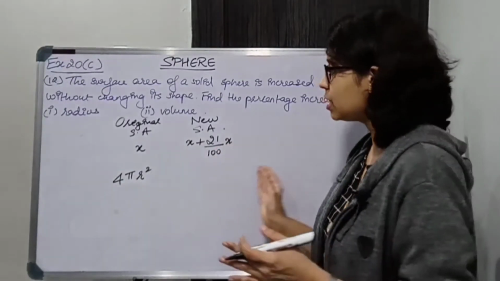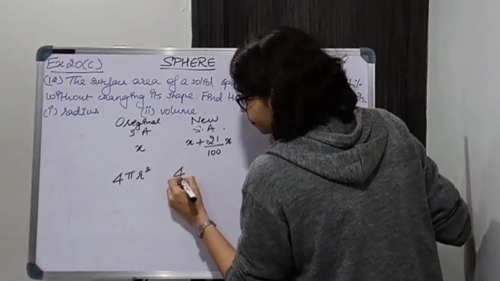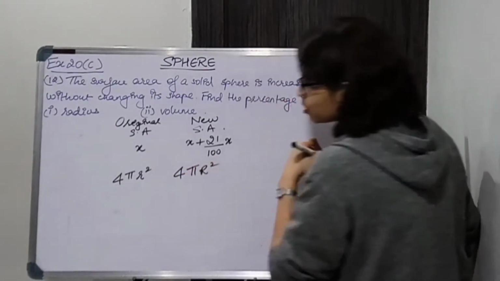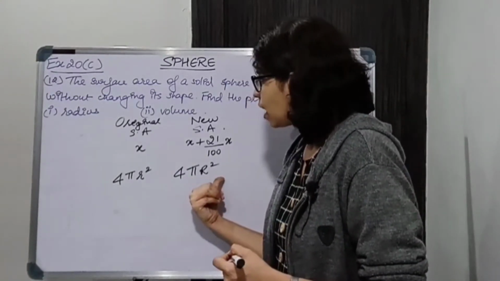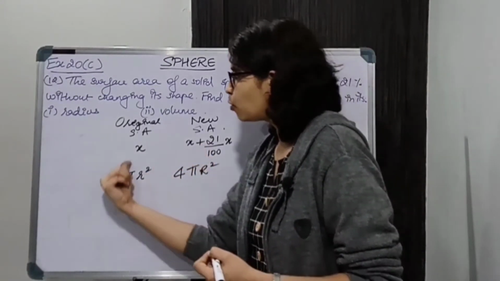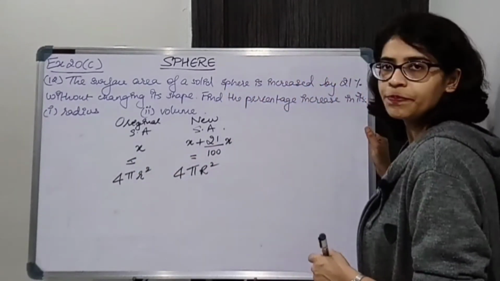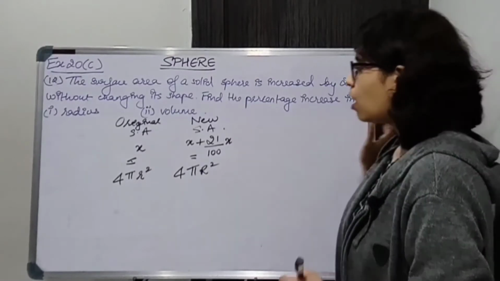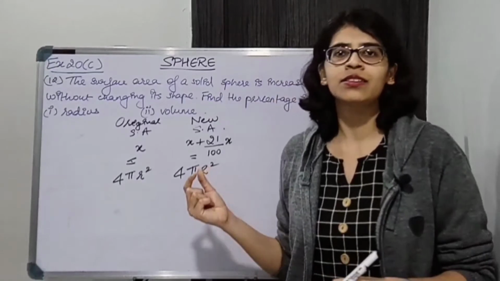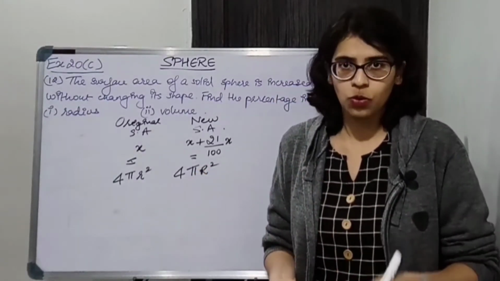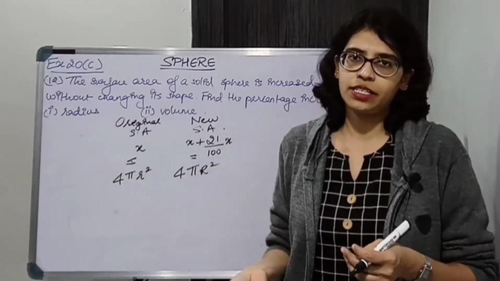It has increased. So let its radius be capital R. So this will be 4 pi R square. So this 4 pi r square is equal to this and this 4 pi R square is equal to this. Now we have to somehow build a relation between this small r and this capital R, because we need to find the percentage increase in the radius.